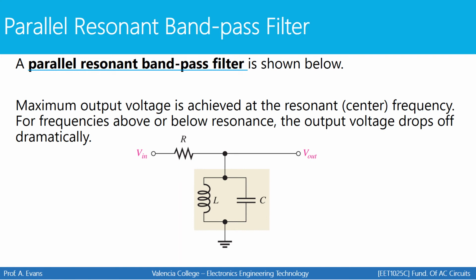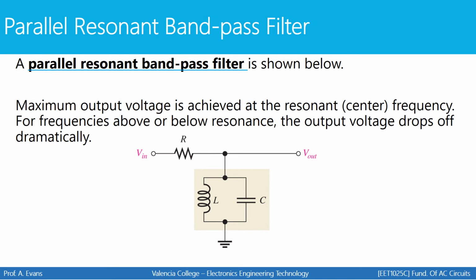This is an example of a parallel resonant bandpass filter. Notice that the inductor and the capacitor are in parallel here. And we're going to measure the output voltage across that parallel combination. So the maximum output voltage here is achieved at the resonant frequency.